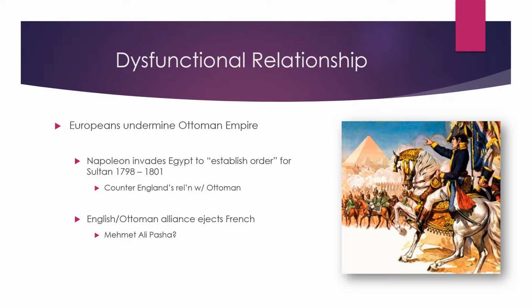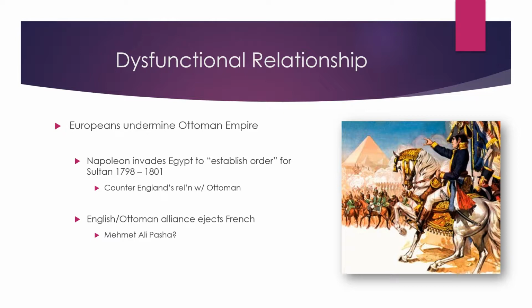So we have this dysfunctional relationship between Europe and the Ottoman Empire. Europeans are constantly undermining the Ottoman Empire throughout the late 18th and into the early 19th century. A good example of this is when Napoleon invades Egypt in order to establish order on behalf of the Sultan. He does so in 1798. There's a rebellion in Egypt.